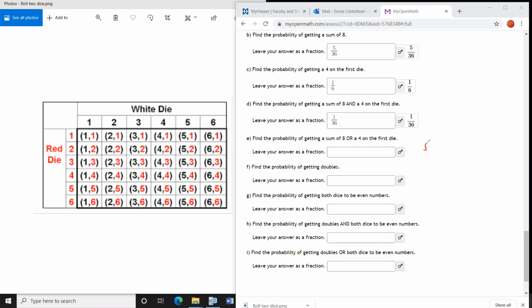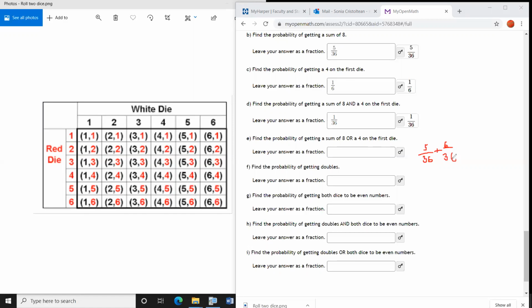And pardon my writing with the mouse, it's very difficult to write down. And then plus the second one, a 4 on the first die, is this answer, which is 1 over 6. However, I'll write it down 6 over 36 just because I need the same denominator. 6 over 36.